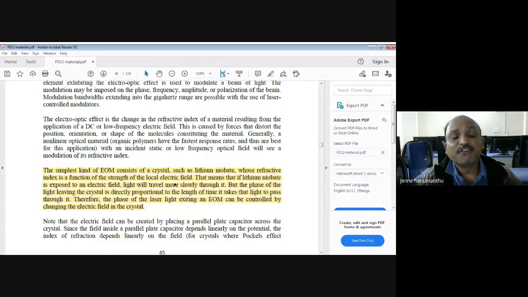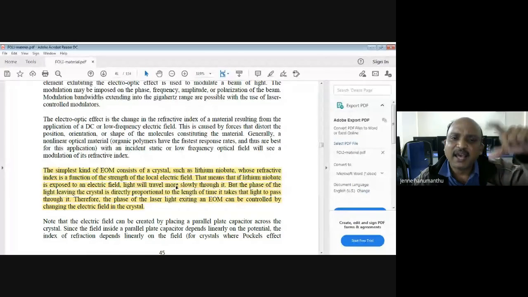That means for a crystal, if you apply an electrical signal, the refractive index is going to be changed. If I take the electro-optic modulator as a lithium niobate crystal and apply an electrical signal, its refractive index is going to be changed.